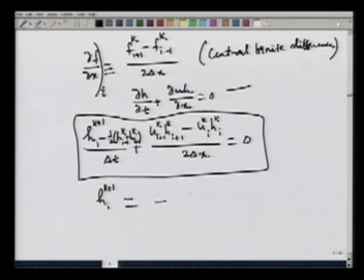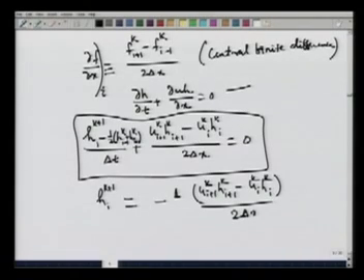minus half, this will be (u_{i+1} h_{i+1} minus u_{i-1} h_{i-1}), this is with k, this is with k, divided by 2 delta x, then multiplied by delta t, and this will be plus half of (h_{i-1} plus h_{i+1}), this is k, this is k.